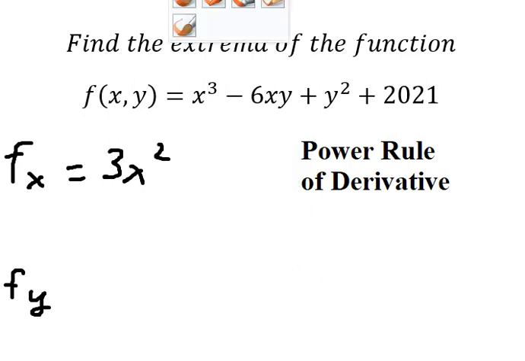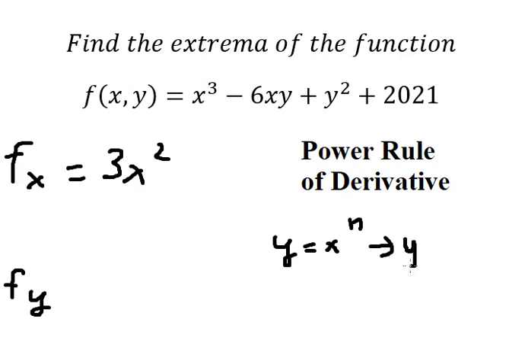So we have like this. So we put number 3 going here. So we have 3x to the power of 3 minus 1, and that's number 2.